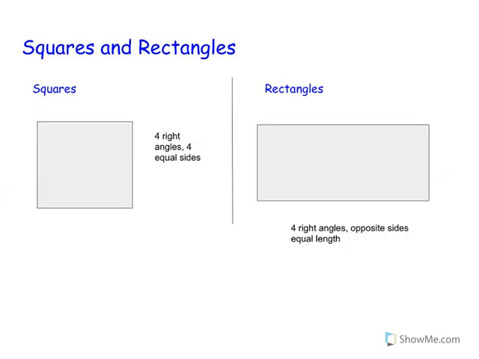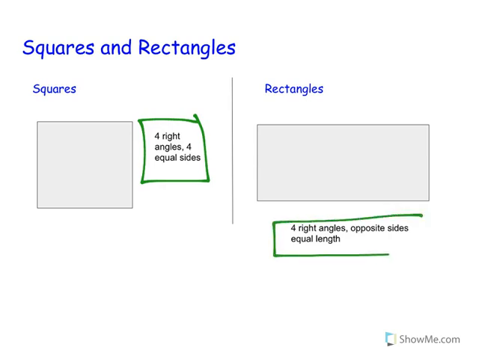So the definition of a square. In order to be a square, it has to have four right angles and four equal sides. A rectangle also has to have four right angles, but the difference between a square and a rectangle is the opposite sides have to be equal in length.